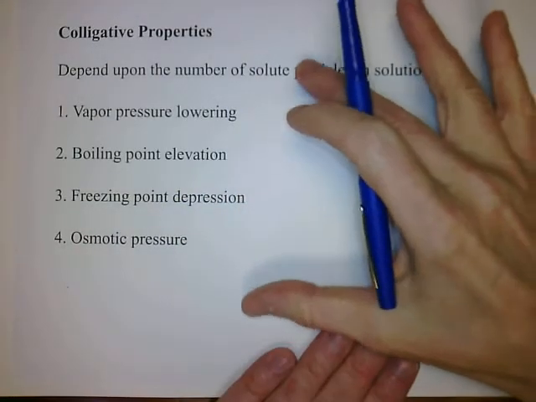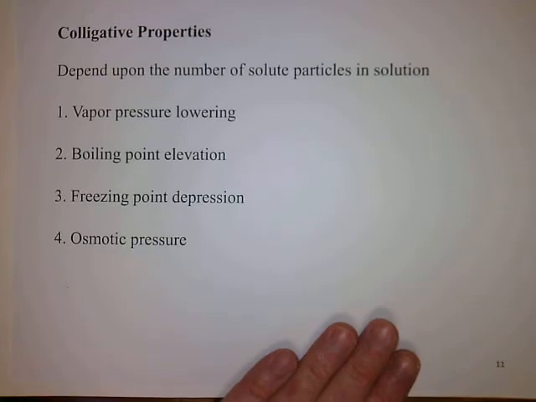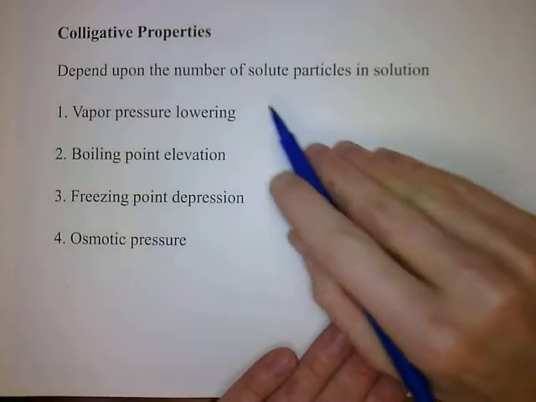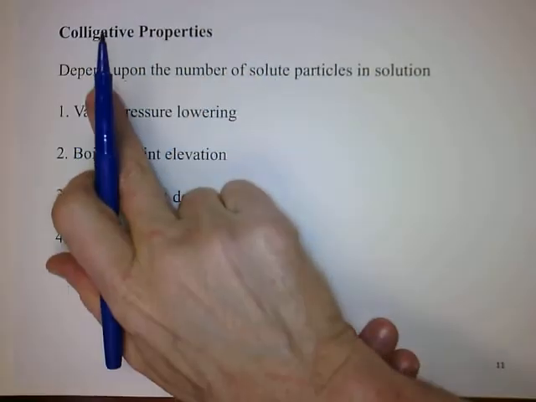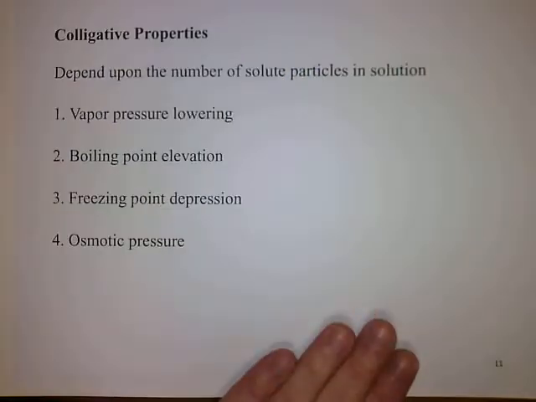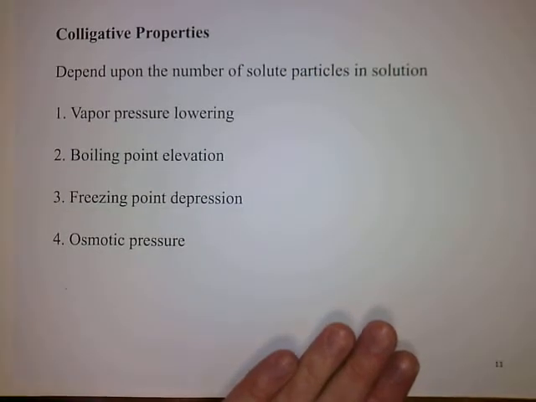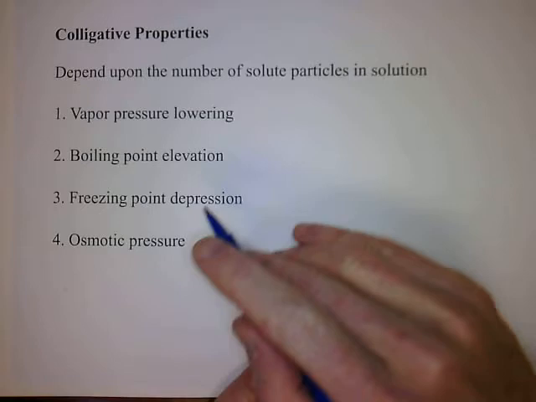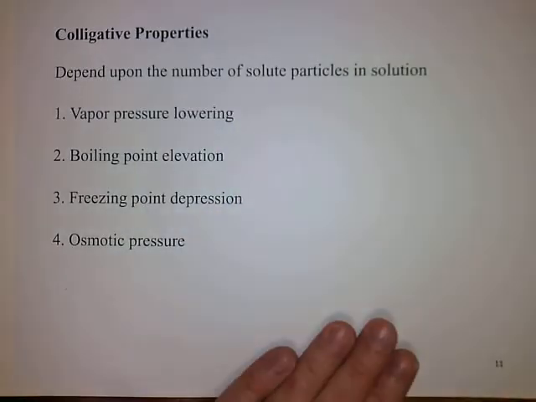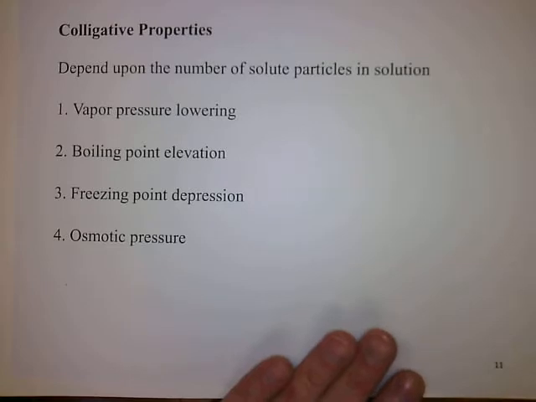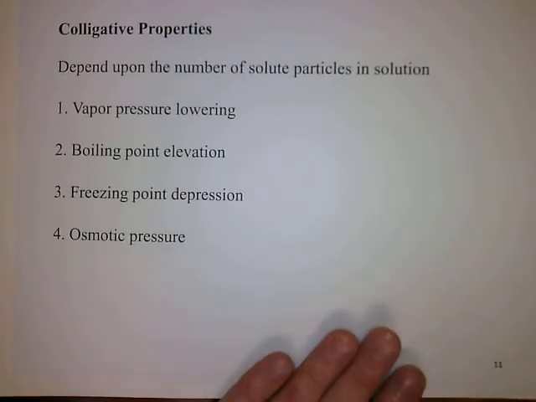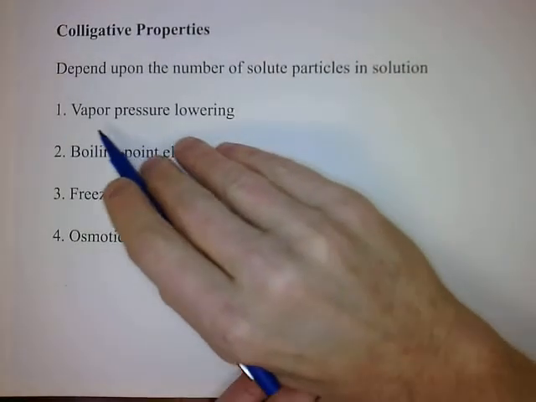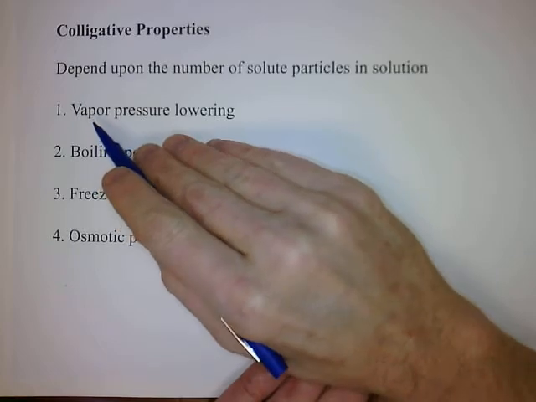Okay, so in what ways does this change? Your colligative properties depend upon the number of solute particles in solution. In other words, the more solute we put in there, the more these properties change. So what are some of your colligative properties? The first is vapor pressure lowering.